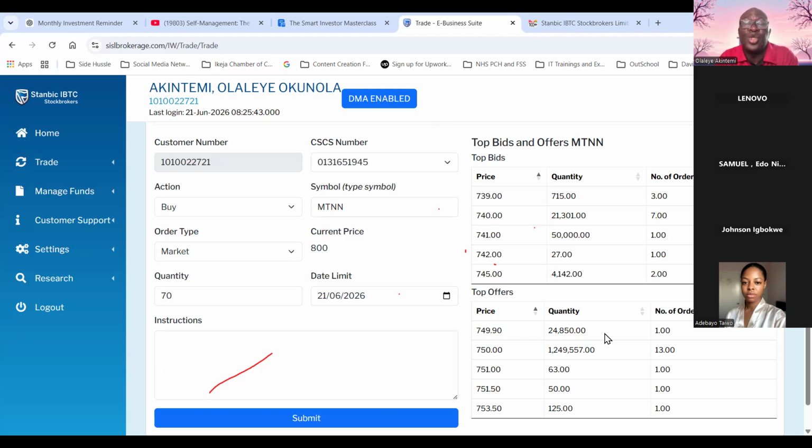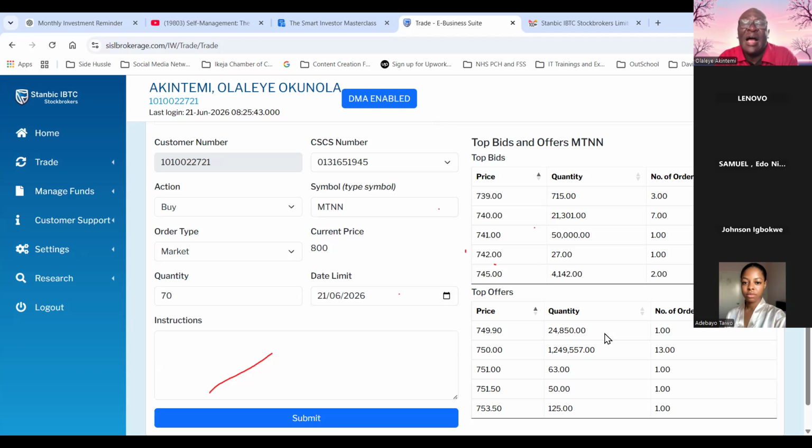Okay, so let's assume the highest bid is 745 naira. As you can see on the screen, the highest bid is 745 naira. So I want to offer something more than the highest bid.